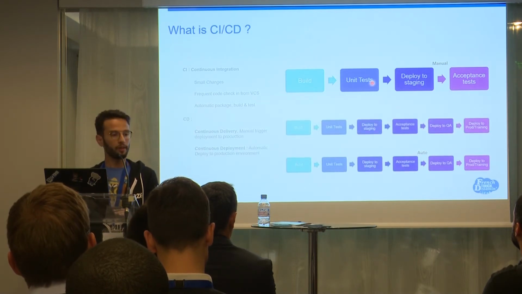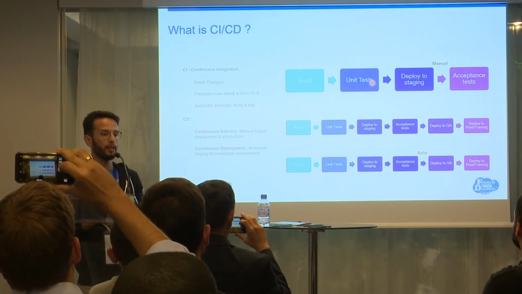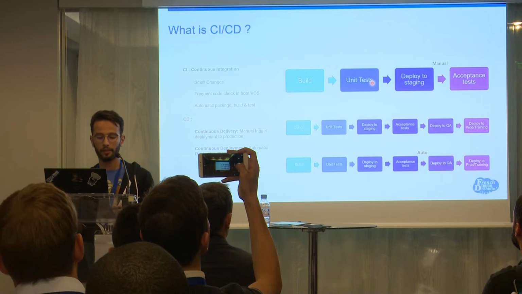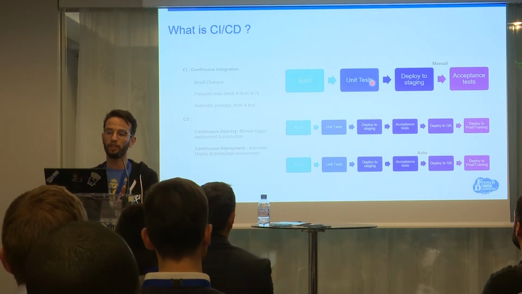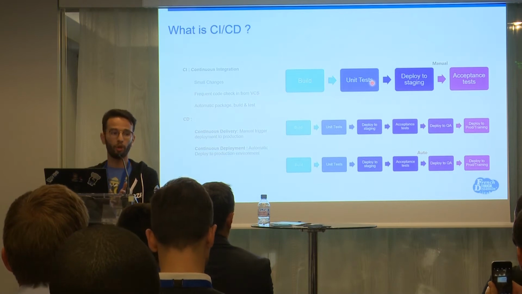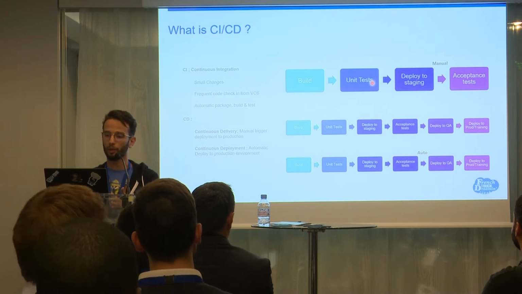Now, continuous delivery or deployment, because CD stands for both actually. Continuous delivery takes on when continuous integration finishes. It will deploy to higher environments like UAT or SIT or production or your training org, okay?